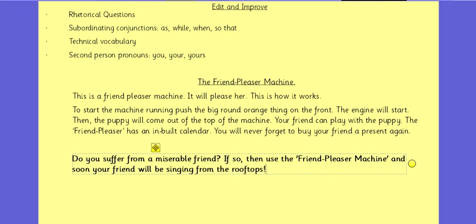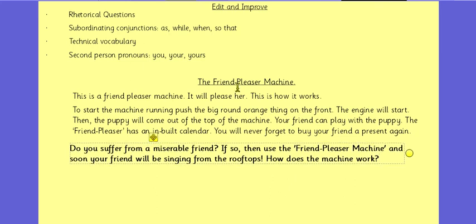When we say somebody is singing from the rooftop in English, it means they are very happy. So, do you suffer from a miserable friend? If so, then use the friend pleaser machine and soon your friend will be singing from the rooftops. How does the machine work? Okay, so already I've included 2 rhetorical questions. I have changed her to your, soon your friend, and included another rhetorical question.